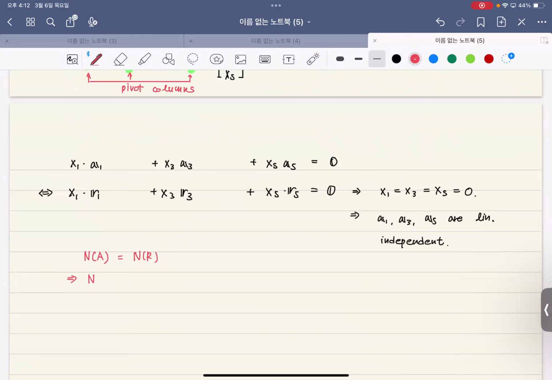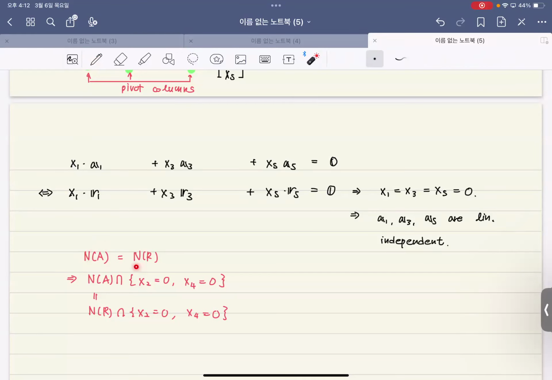Therefore, the null space of this intersected with X2 must be the same as this one, right?